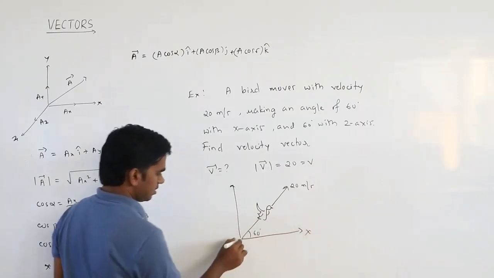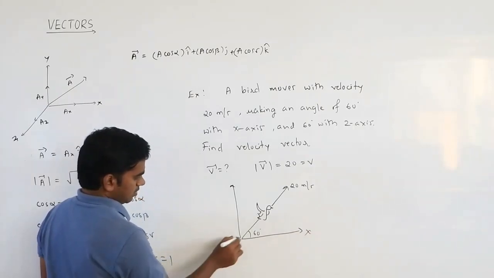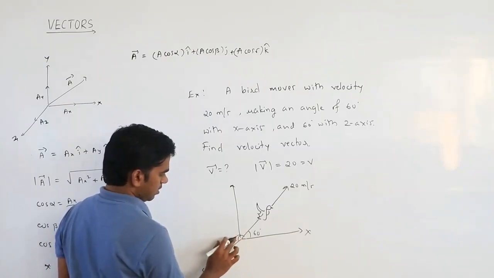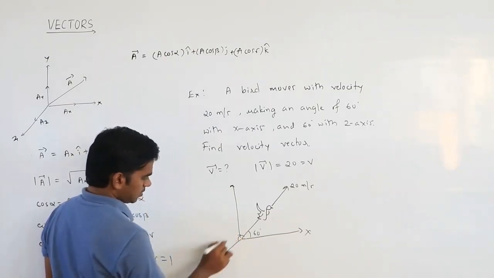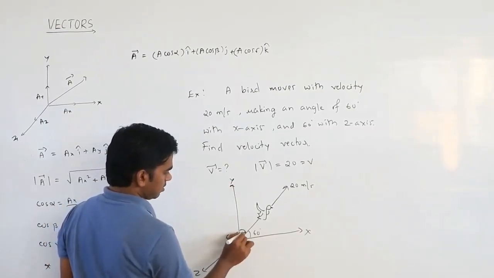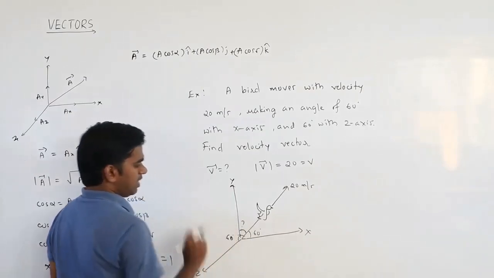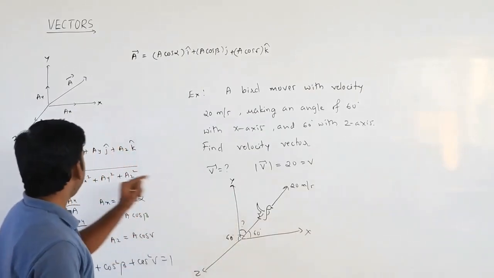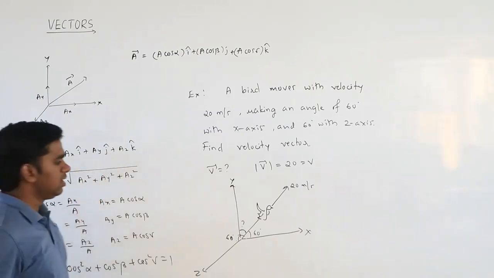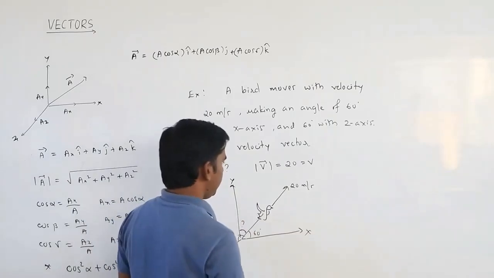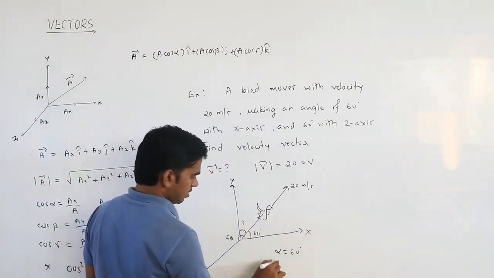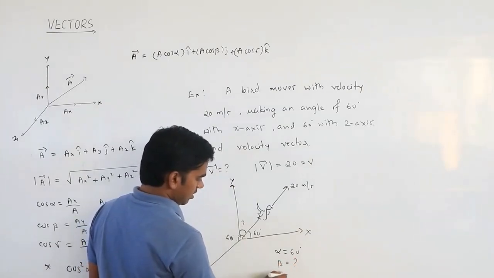This is the x-axis, and this is the y-axis. With the z-axis it is also making 60 degree, but the angle with the y-axis is not given, and that angle is required. We can't use this formula directly because the components Ax, Ay, Az are not given. They have given alpha, 60, and gamma, but beta is not given. Gamma how much?